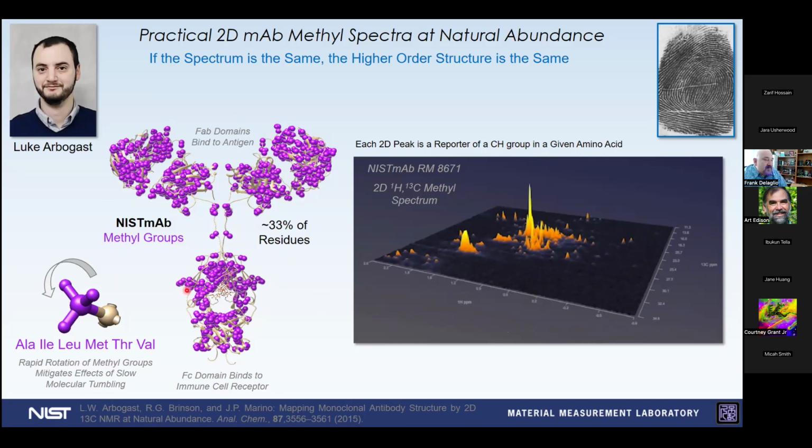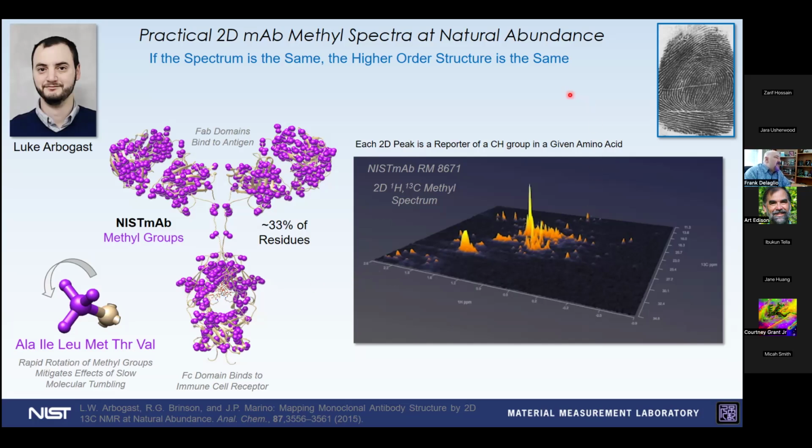And if the drug is misfolded, it might ruin the drug's activity, or potentially even more seriously, the drug might maintain its activity, but cause immune responses because it presents a different shape to the immune system. So a critical need when we manufacture these protein-based drugs is to ensure that the fold of the protein is maintained. And in pharmaceutical circles, they call this overall structure the higher order structure of the monoclonal antibody.